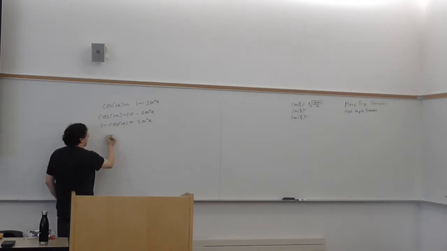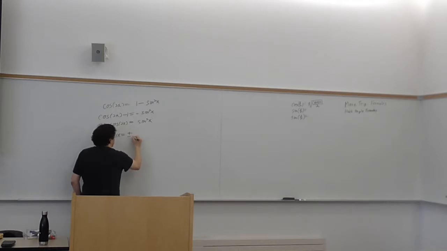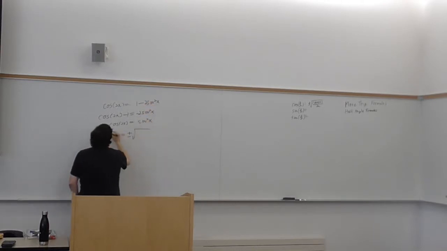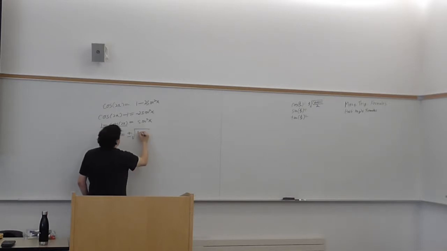Or, again, finding the square root, sine of x is now, again, plus or minus. Oh, I left something out. I left a 2 out. Sorry. 1 minus cosine of 2x over 2.